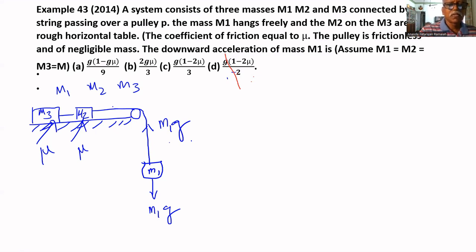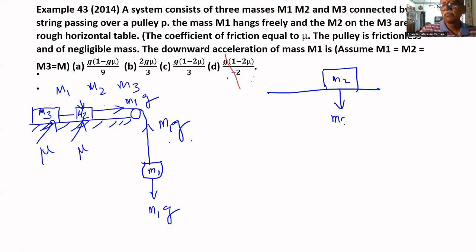In the opposite direction must be M1g, must be in this direction, M1g. What are the forces given by this M2? The opposite forces given by this mass is, what are the forces acting on that M2? This is M2.